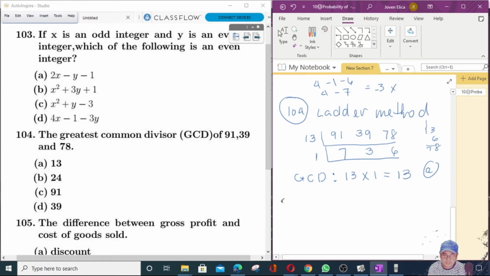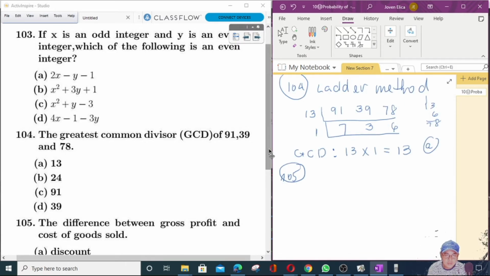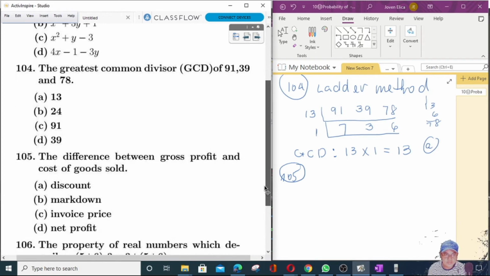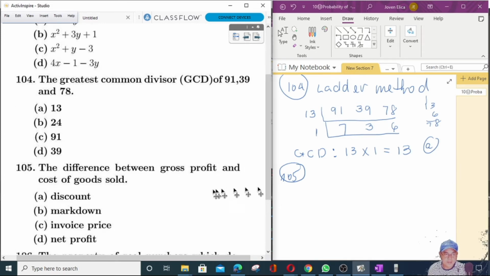105. This is just a definition of terms. The difference between gross profit and cost of goods sold is equal to what?